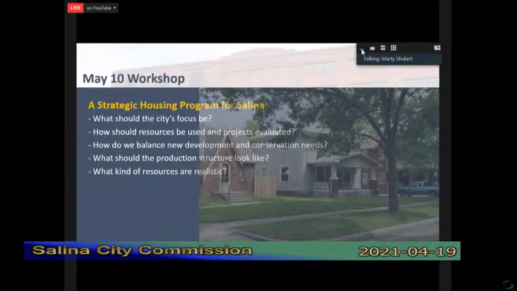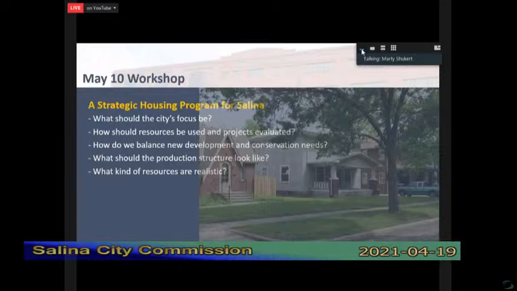So now, as we think about all of this and think about preparing for May 10th, we'd like you to think about, and maybe even in our remaining time here, to discuss your suggestions and thoughts about a strategic housing program for Salina.